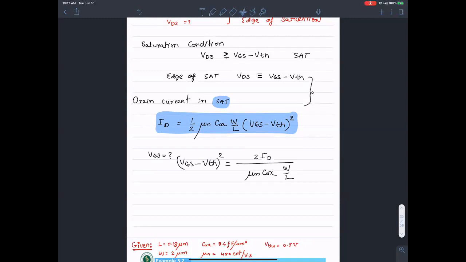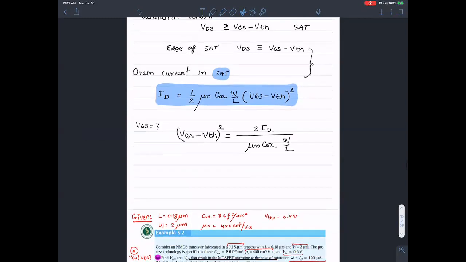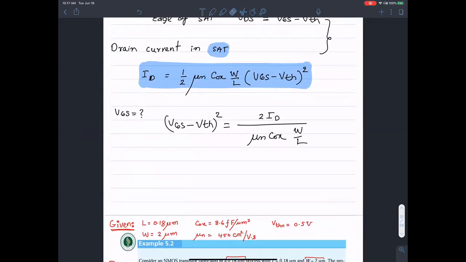I'm simply manipulating the equation over here. Then a square root is going to show up on the other side. Since I'm interested in calculating VGS, I take VTH to the other side. This is a very well-known equation.